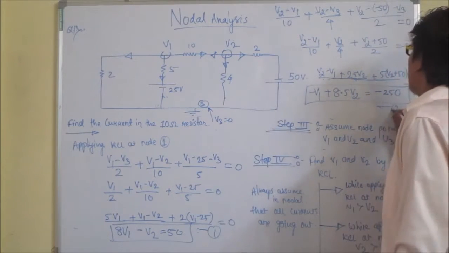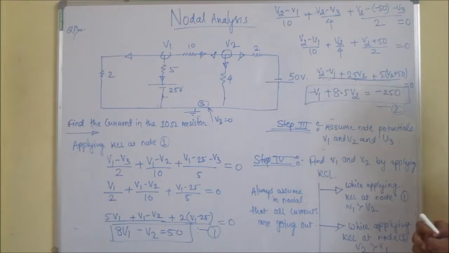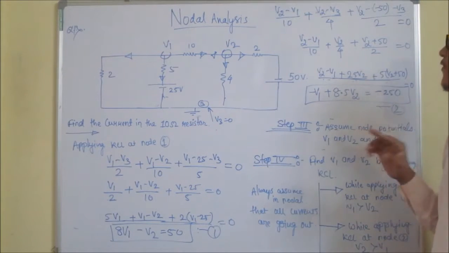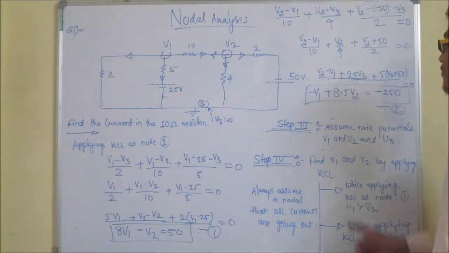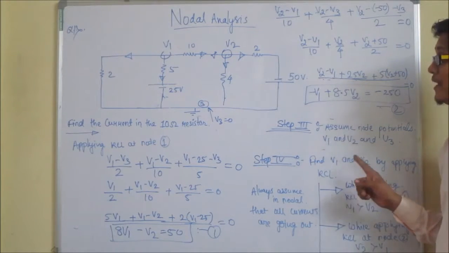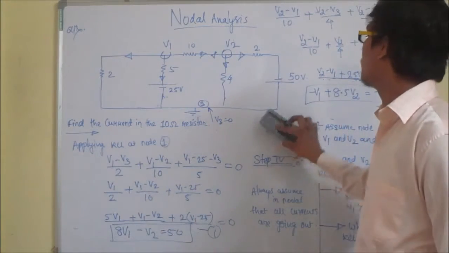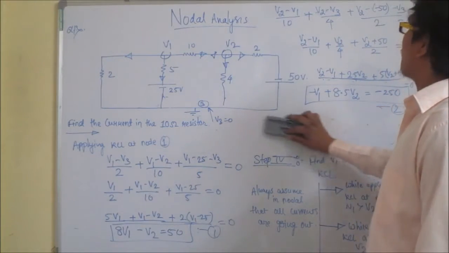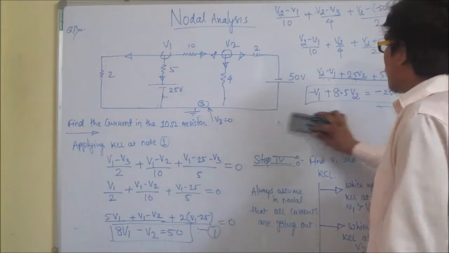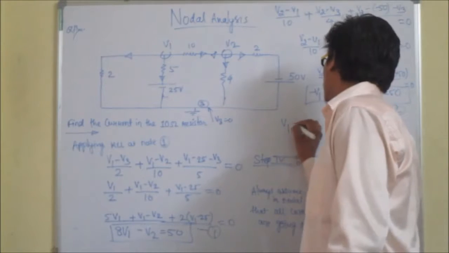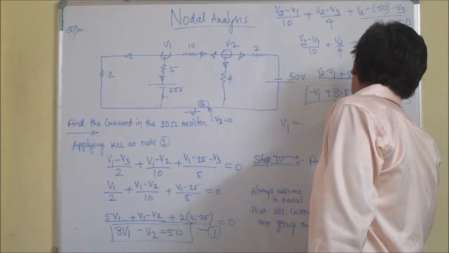This is my second equation. Now by substituting these equations in our calculator, we will find the values of V1 and V2, and then our step 4 will be completed. I'm just rubbing this small point. My V1 is, and my V2 is.